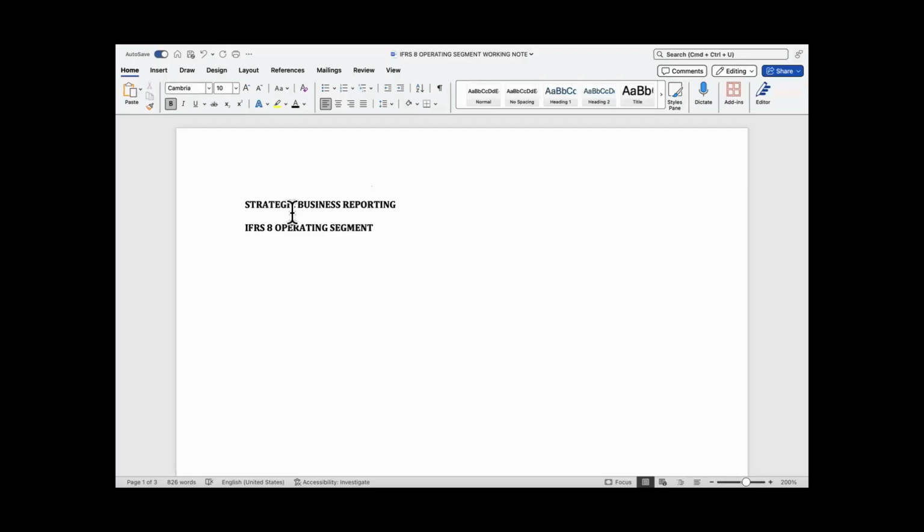The first thing I need you to note is this. This standard does not apply to everyone. A lot of organizations usually have branches, they have segments. Is it all of them that can apply the standard? No, it's not all of them.